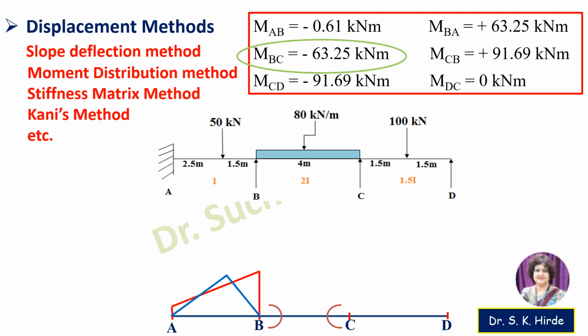Now you can see that the bending moment at B, whose far end is C, is negative, minus 63.25. If you get a minus value, that means you have to rotate that arrow in anti-clockwise direction. So draw the arrow over this. This will rotate about B in anti-clockwise direction. Since it is the same value, 63.25 minus, you will get the same ordinate.